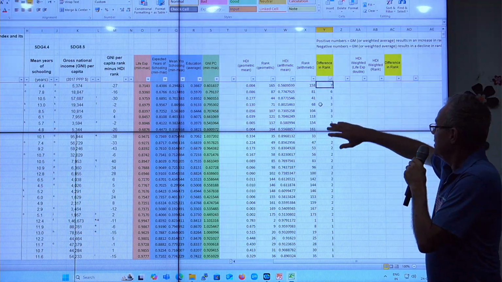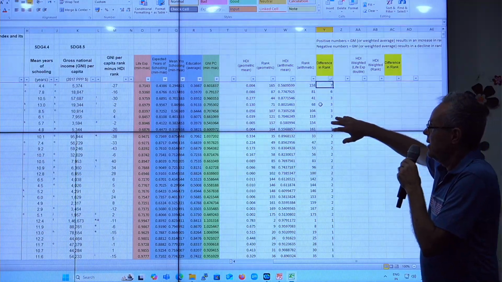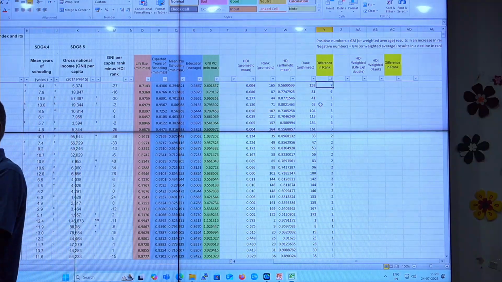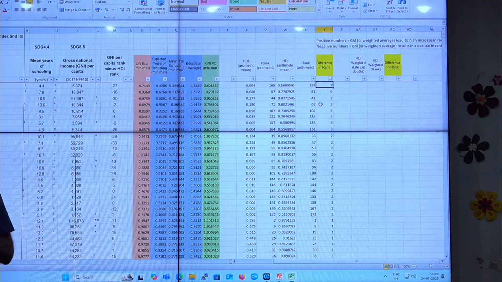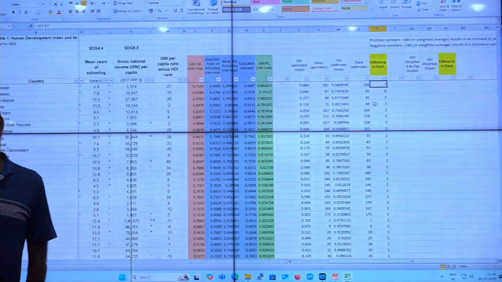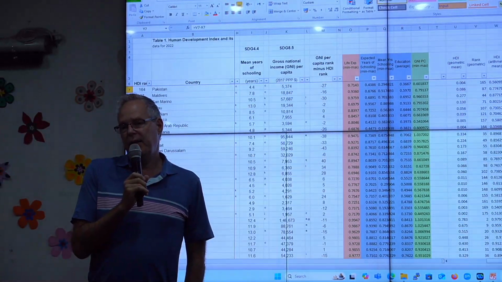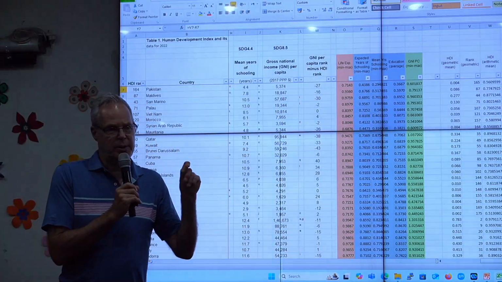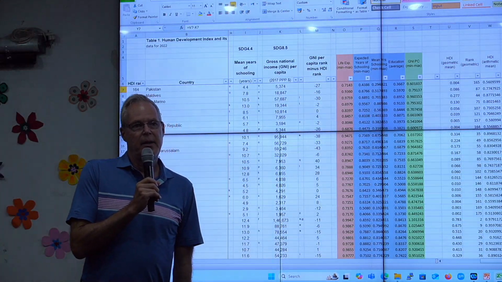So a number of countries benefit from arithmetic mean. All of them tend to have relatively uneven levels across the 3 indicators. So why the HDI chose the geometric mean, in summary, is basically to penalize countries if they perform particularly poorly on one of those indicators.